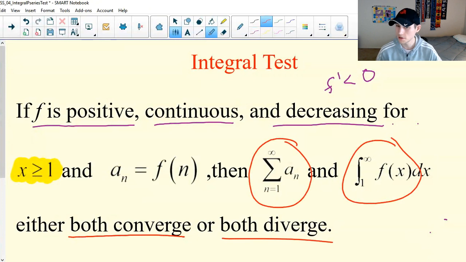If I want to know if a series converges or diverges, maybe I can look at the integral. I'll look at the integral of the sequence from 1 to infinity, and I'll see, does that converge? Does that diverge? Whichever it does, the series has to do the same, assuming that all of these prerequisites are true: F is positive, it's continuous, it's decreasing, all for x greater than or equal to 1.